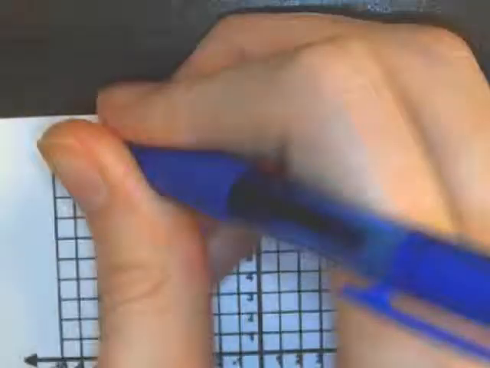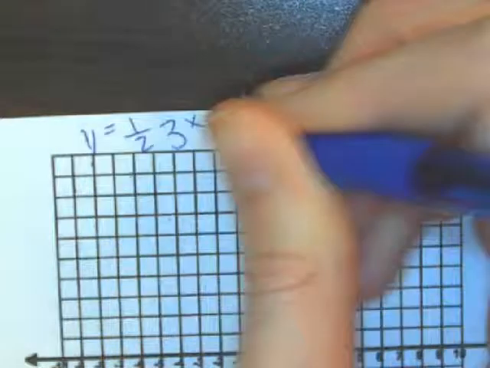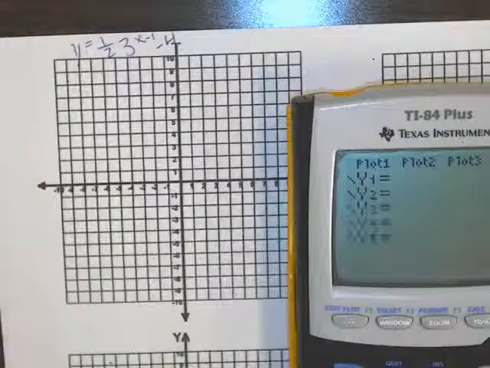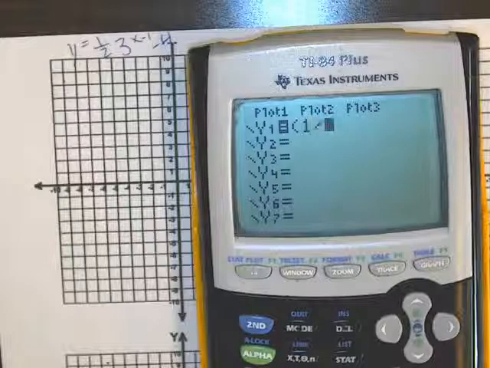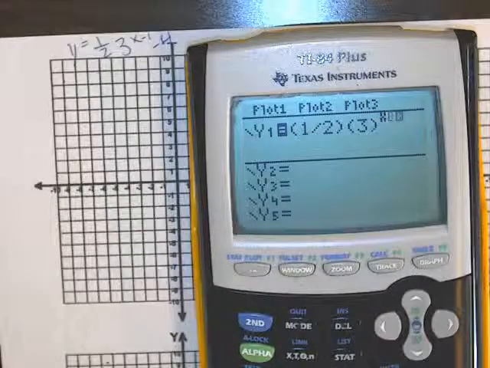Flip it over. 1/2, 3 to the x -1, -4. Okay, go ahead and plug it into your calculator, and we'll get our coordinates to graph. So 1/2, put it in parentheses, times 3 to the power of x -1.